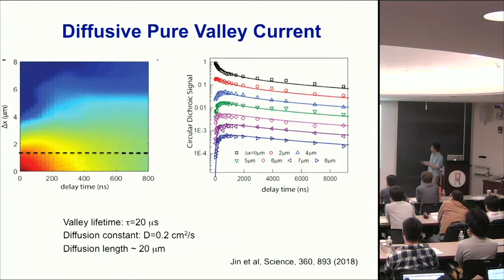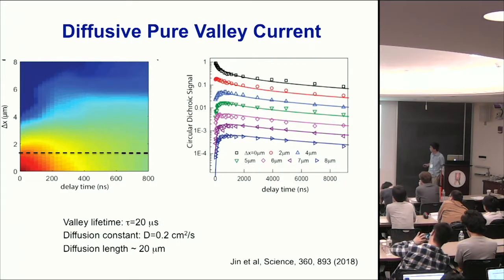And if you sit at a position far away, you can see you have diffusion current flow in first, so the intensity increases very quickly, and then decays slowly afterwards. So that allows us to determine quite a few important dynamic parameters. For example, we determine a valley lifetime of 20 microseconds, a diffusion constant of about 0.2 centimeters squared per second, and a diffusion length of about 20 microns.